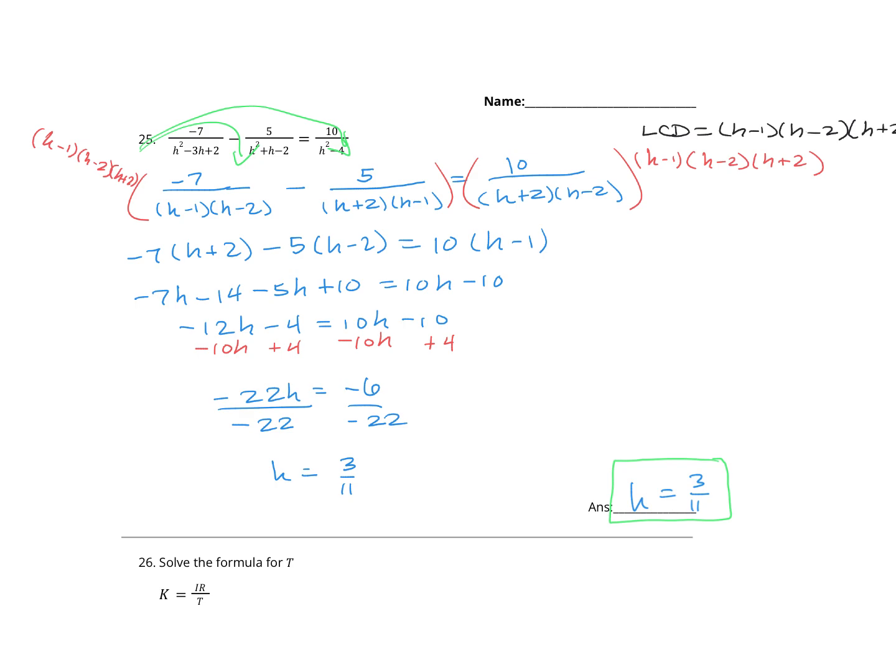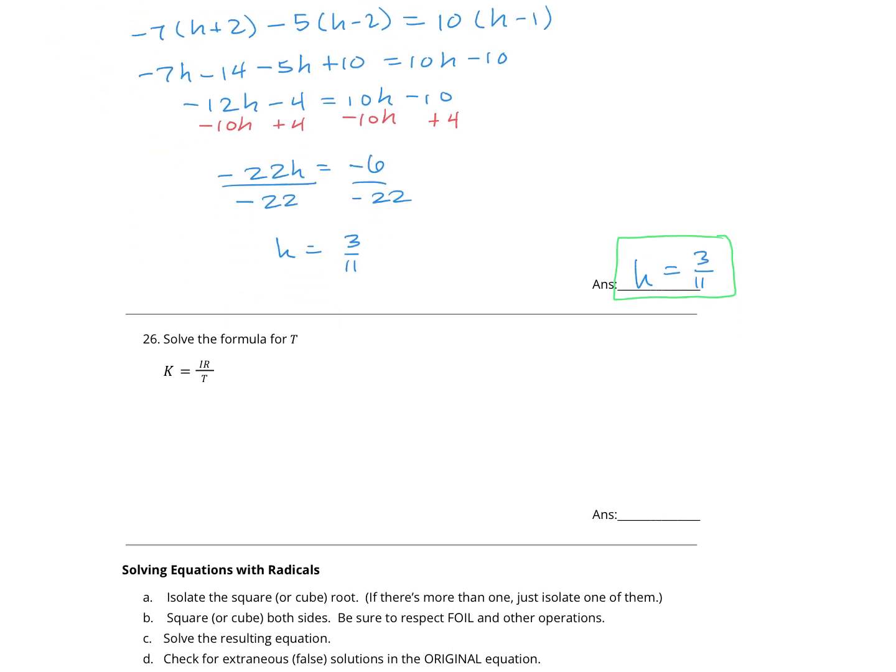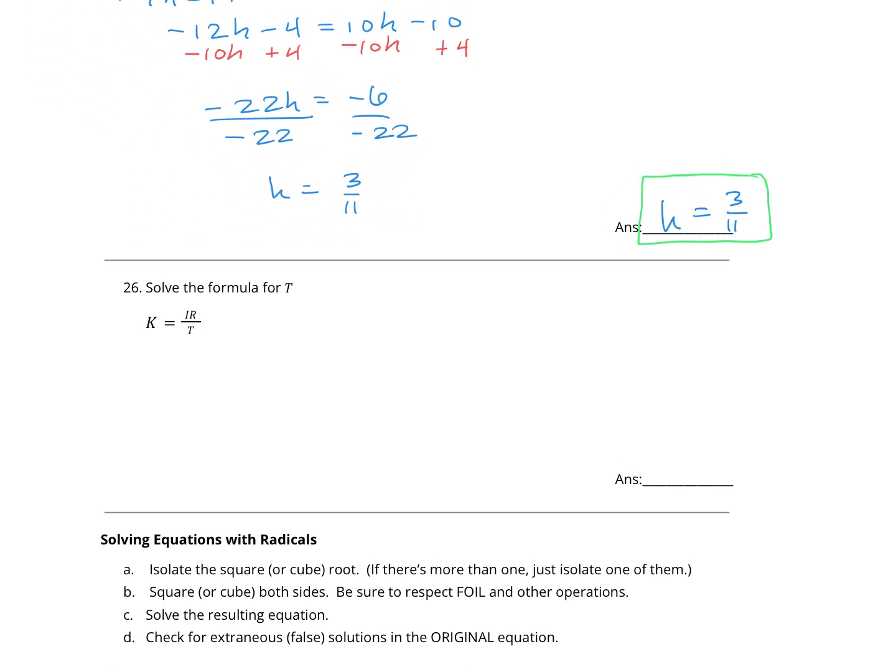All right, now let's move on to our last of these rational equations before moving on to other topics. So for this one, the idea is to isolate the variable. To do that, we want to have it in the form of t equals something without t's in it. And it's really just a rational equation. First thing I'm going to do is multiply both sides by t. And if you want to put it as t over 1, that's fine.